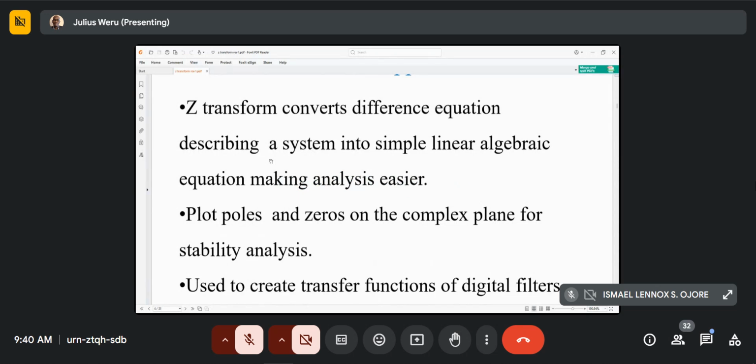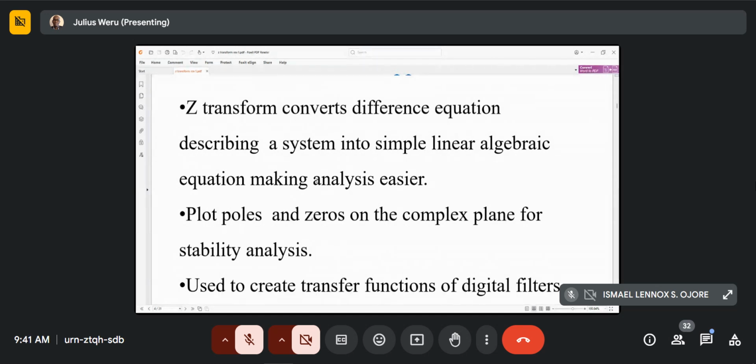How is the Z transform applied? We are going to see that the Z transform is very important when it comes to difference equations, because when it comes to describing discrete time systems, you can use the impulse response, you can use the transfer function, or you can use difference equations.